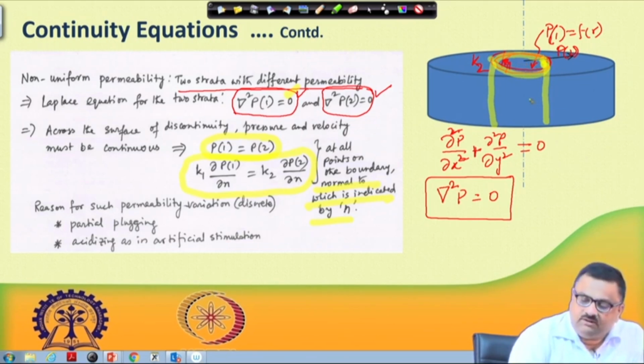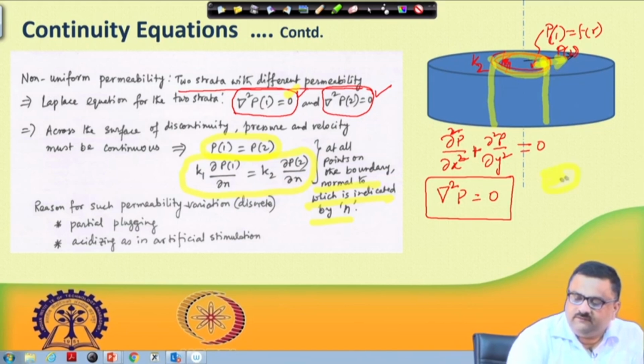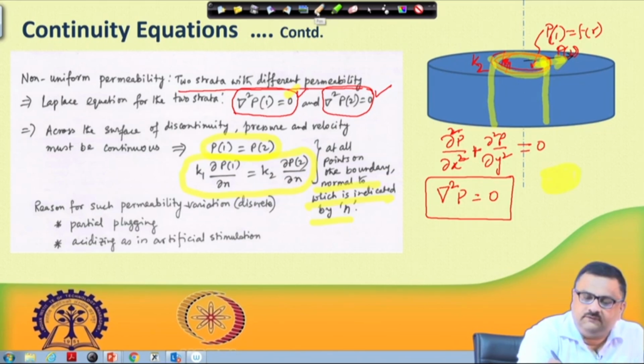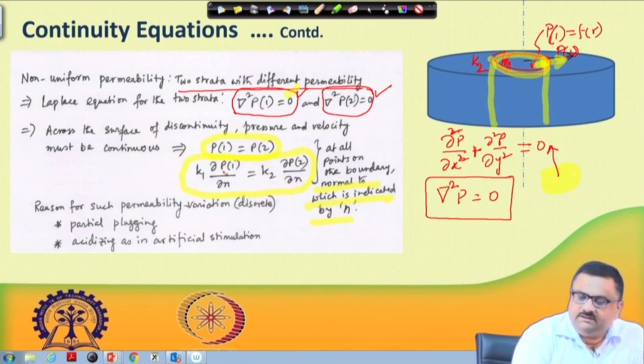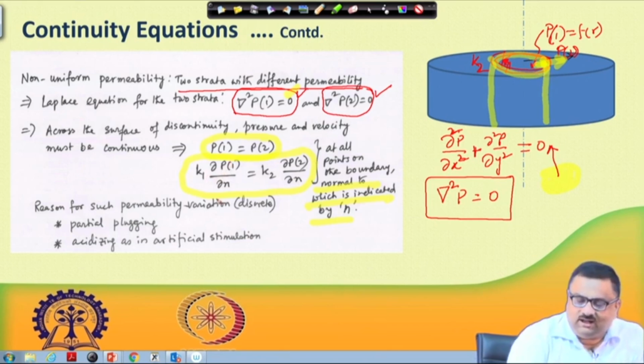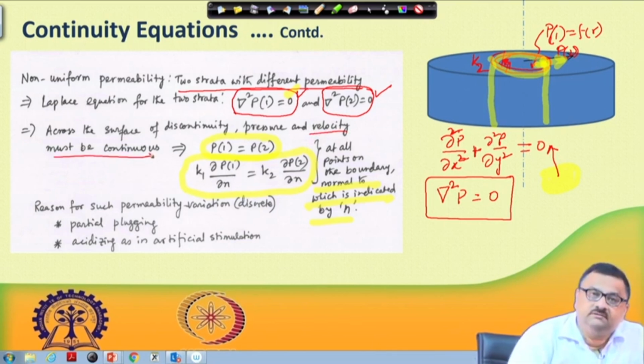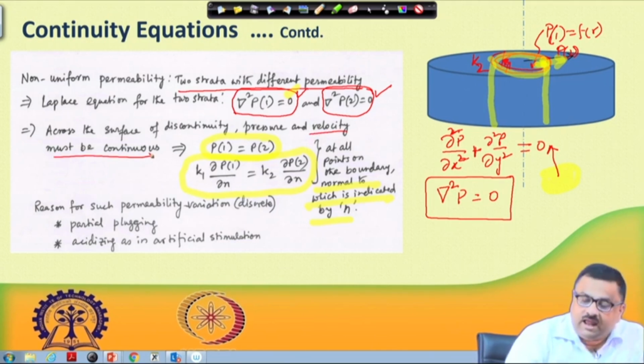At that boundary, N is normal to this boundary. So, basically it is K1 del P1 del R, which represents the radial velocity. So, velocity must be continuous and pressure must be continuous. These are the two conditions one has to satisfy apart from the two governing equations.